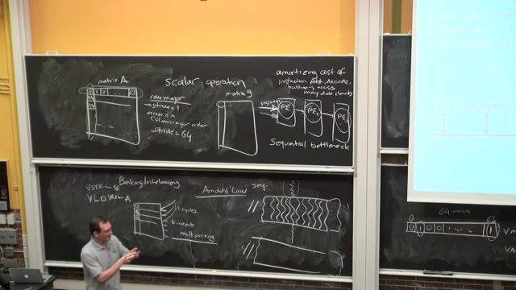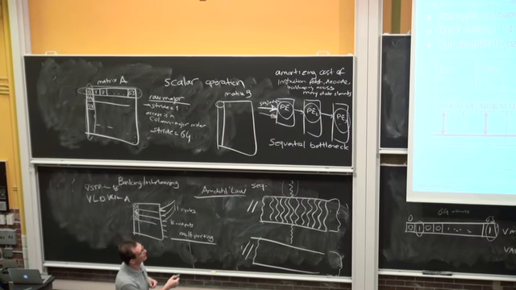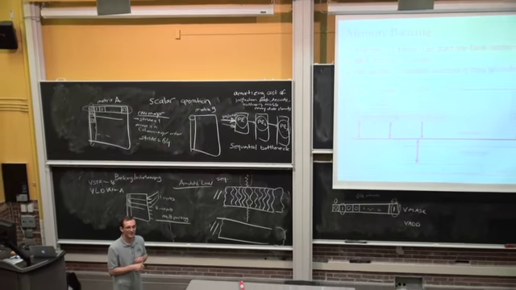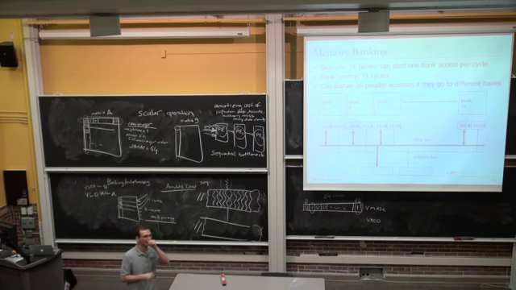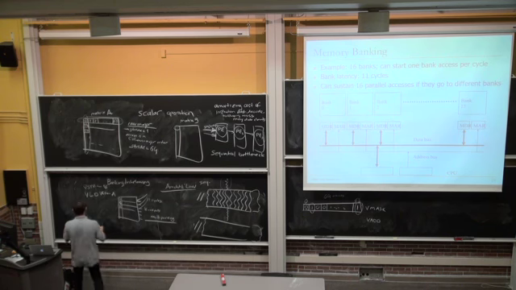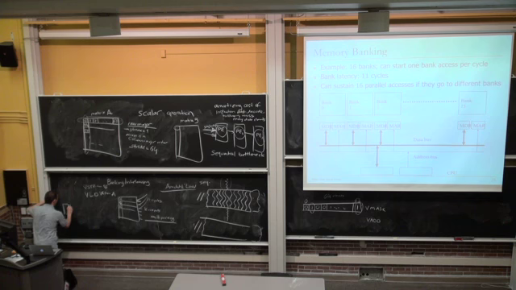You have this banked structure. Consecutive words are in consecutive banks, and your stride is 16. What happens? Exactly. So every access goes to bank 0, right? Because your words are laid out in memory such that, let's say these are your banks.